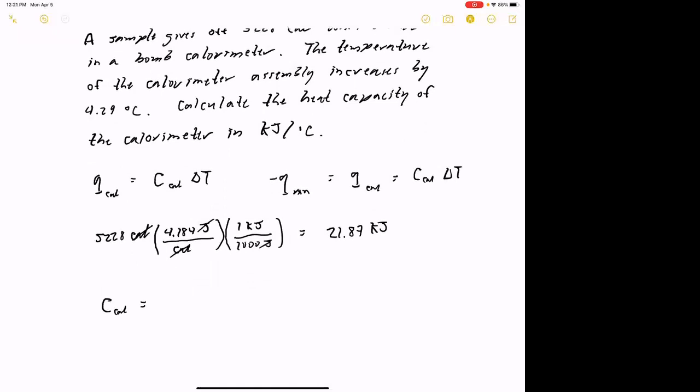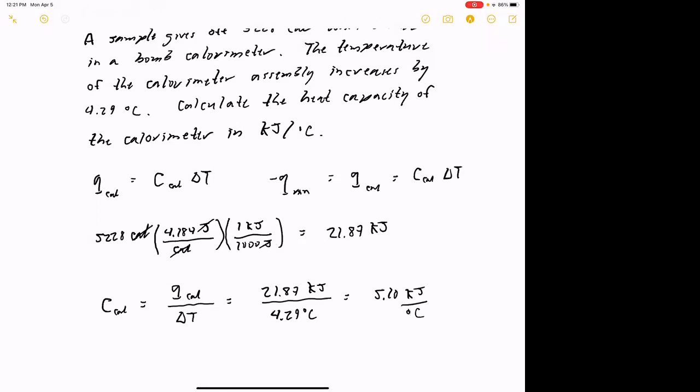C cal turns out to be Q absorbed by the calorimeter, which is what I just calculated above, divided by my delta T. So my Q cal is 21.87 kilojoules of heat divided by the delta T given in the problem, 4.29 degrees Celsius. And I end up getting 5.10, I think that's correct sig fig wise, kilojoules per degree C.